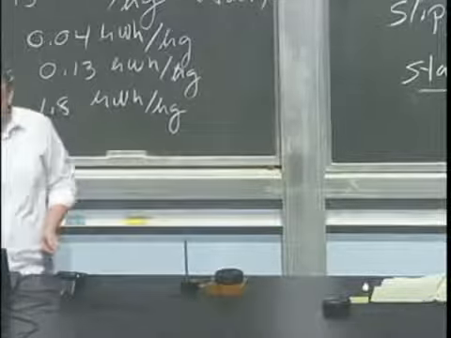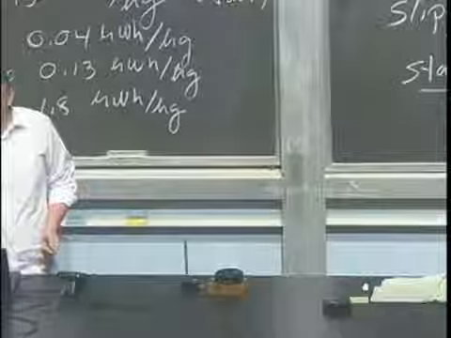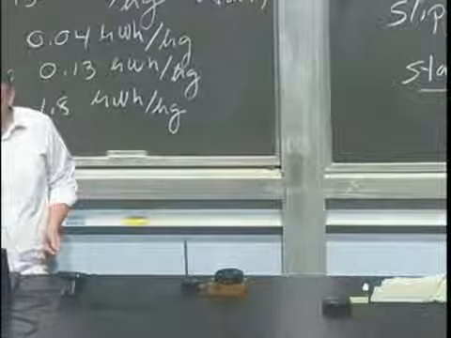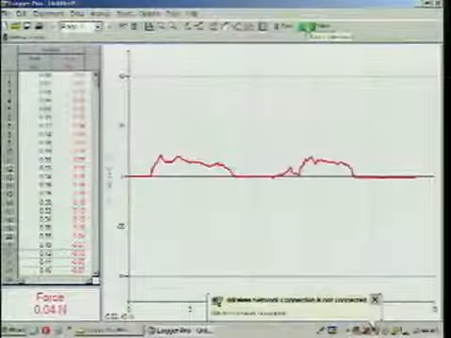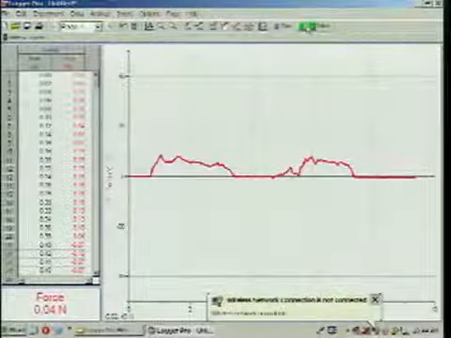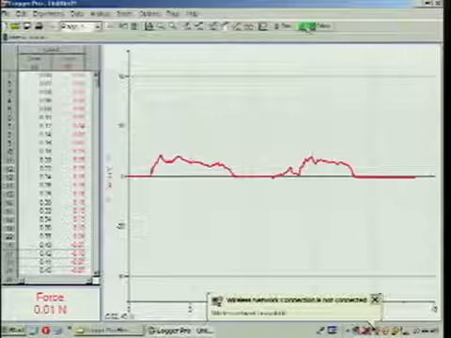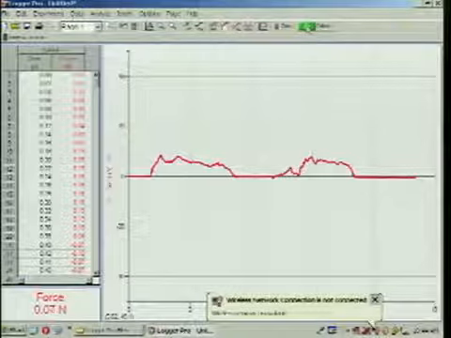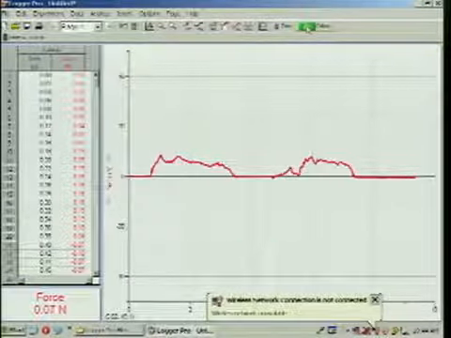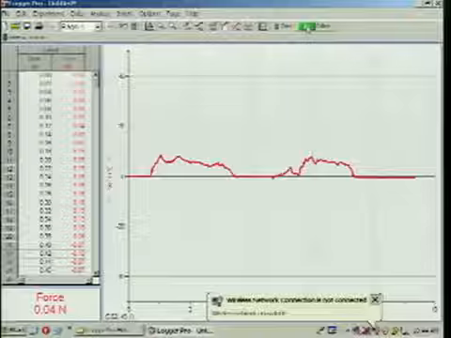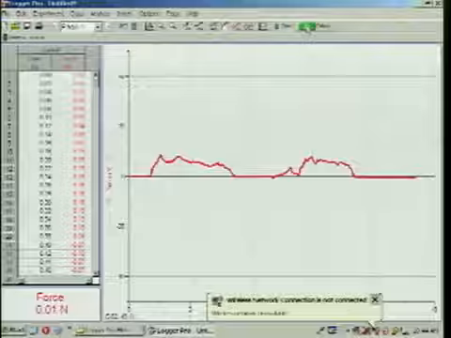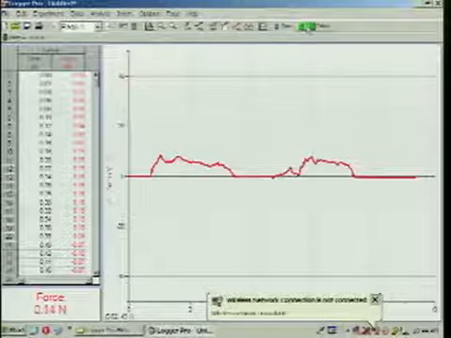So this is going to be measuring the force over time. When I turn this on, you're going to see on the red line the force that I'm applying, so you'll see it going up, and this axis is just time, so we will see the plot going on. Let me do it once, and then I'll show you what we're looking at.